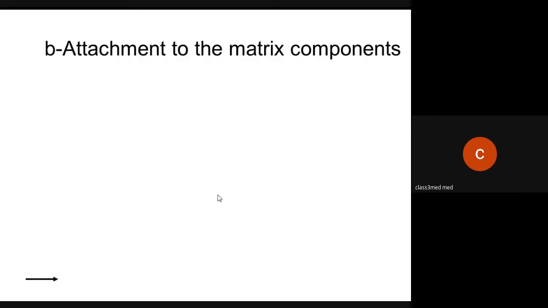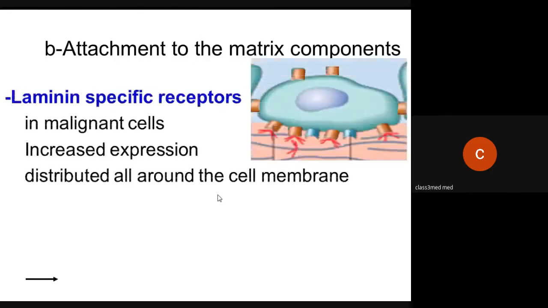Then, after detachment, it should be able to attach to the matrix components, here the basement membrane and interstitial connective tissue, in order to start the process of degradation.